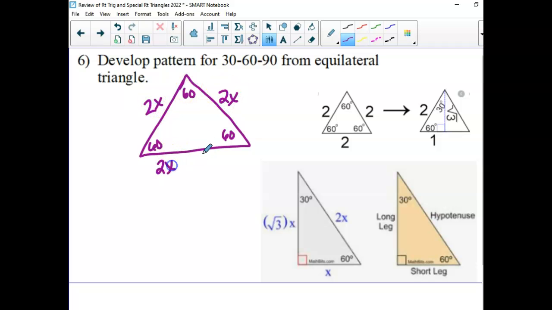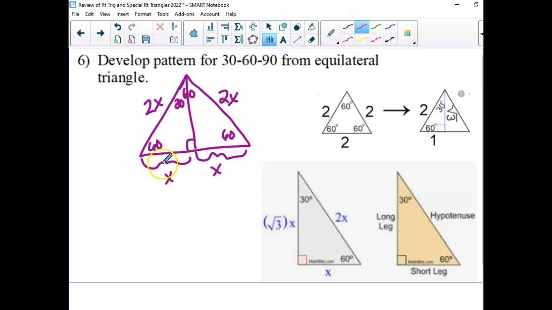Because when we split this in half, when we draw this line down the middle and split this into a 30, 60, 90, now what does this become? What is this chunk going to be? This is an x, and this is an x. That seem okay? Now, this is again where we do that crazy Pythagorean theorem thing.